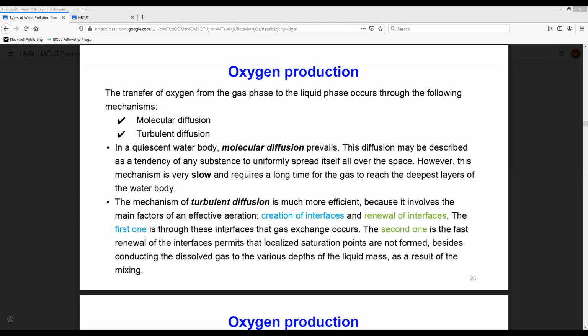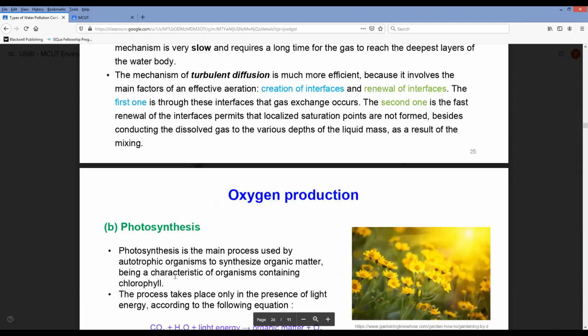The first one is that through the interface, gas exchange occurs. And the second one is that the fast renewal of the interface permits localized saturation points to not be formed, besides conducting the dissolved gas to the various depths of the liquid mass as a result of the mixing. Okay, next please.